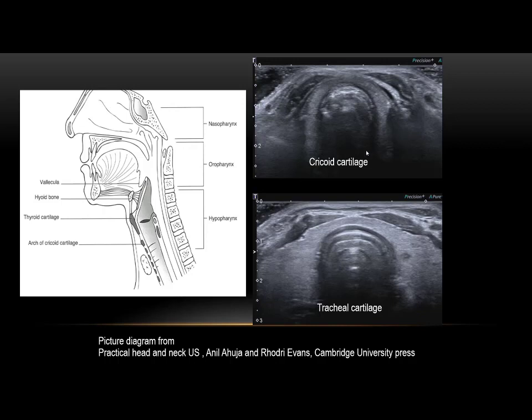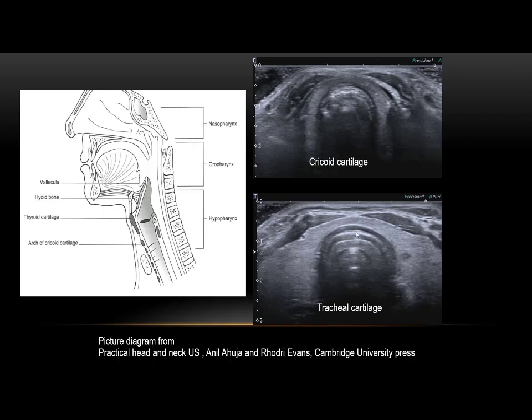Let's move down. Below the cricoid cartilage, you will see the tracheal rings, or tracheal cartilage. The tracheal cartilage appears as a hypoechoic area, and sometimes at the upper tracheal ring, we also see the isthmus of the thyroid, which is the mid part of the thyroid that connects the right thyroid lobe and left thyroid lobe.